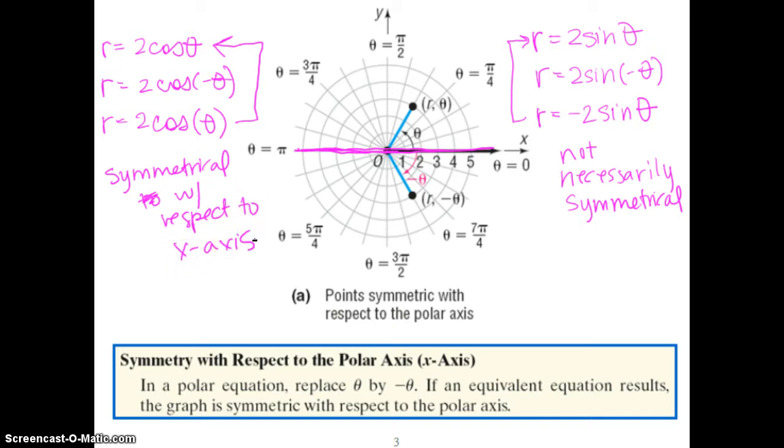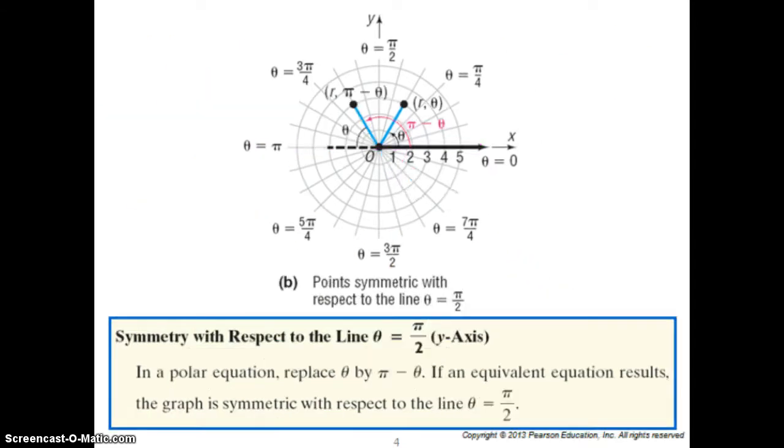Okay, so now that we know that, let's move on to the next type of symmetry. That's symmetry with respect to the line theta equals pi over 2. That is the line, the y-axis.